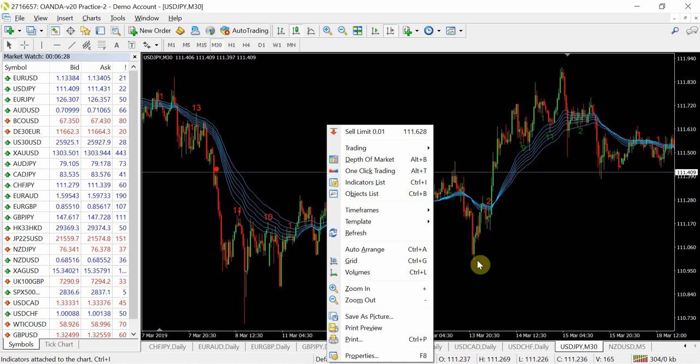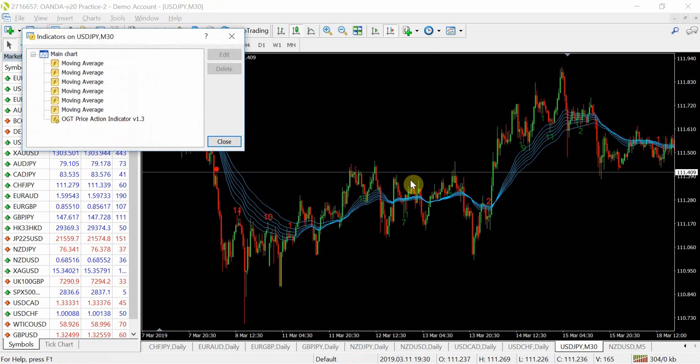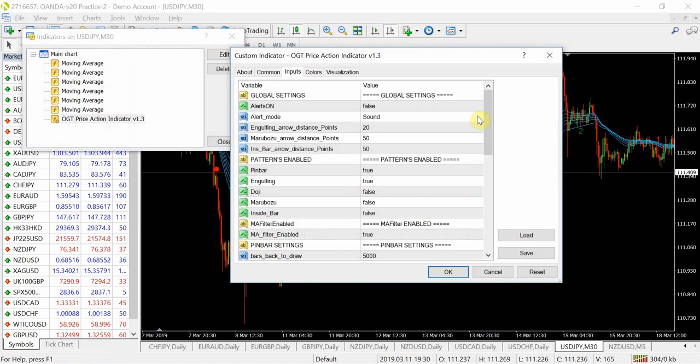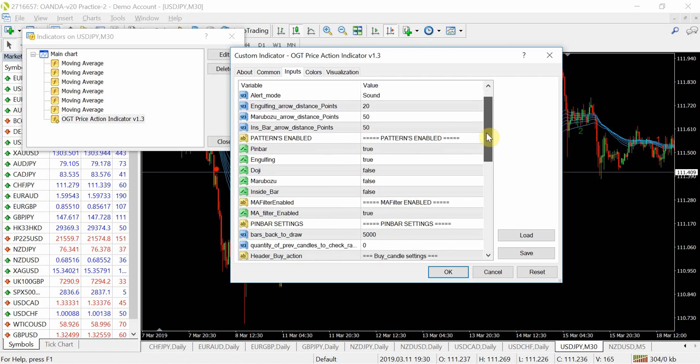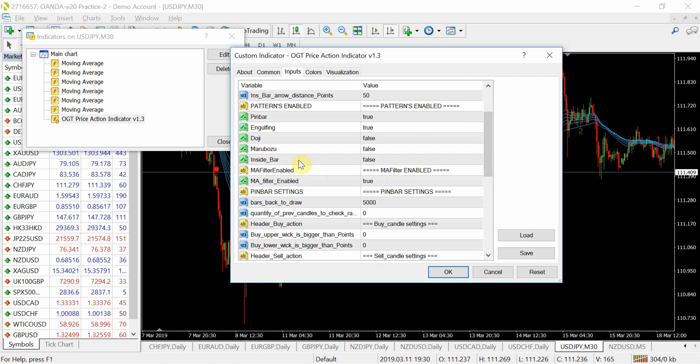So if I show you the settings and exactly what I've added on here in version 1.3, it is this enable filter over here, true and false. What true will do, if you select this as true, it will only show pin bars, engulfing and marubozu with the direction of the trend.